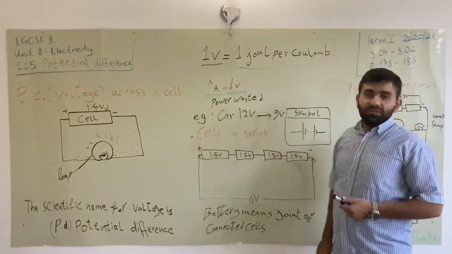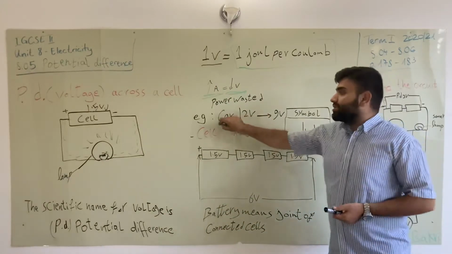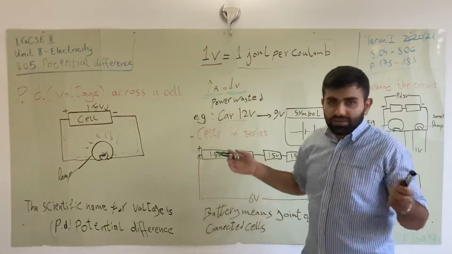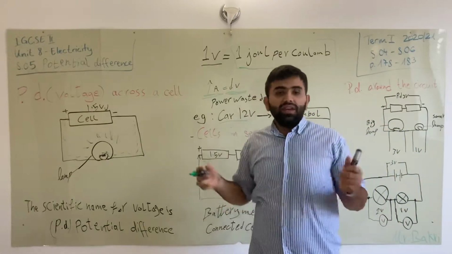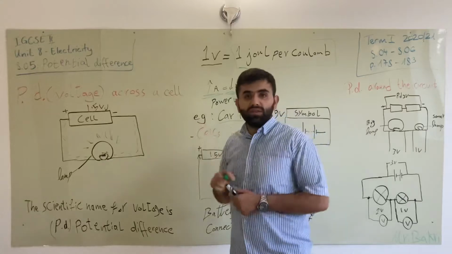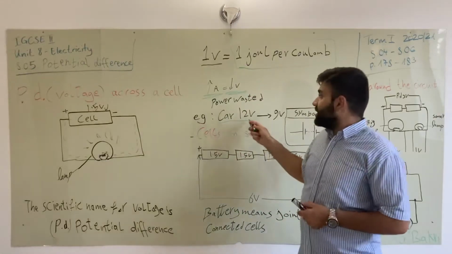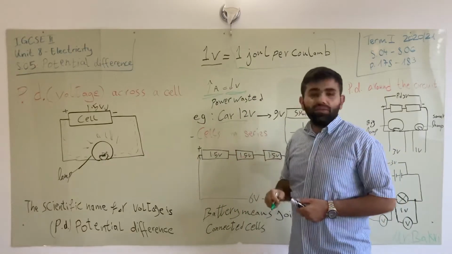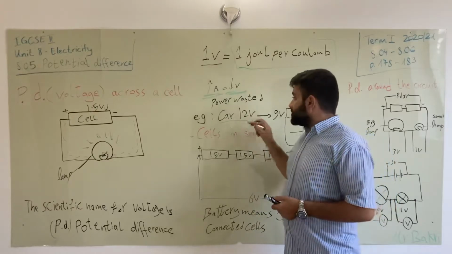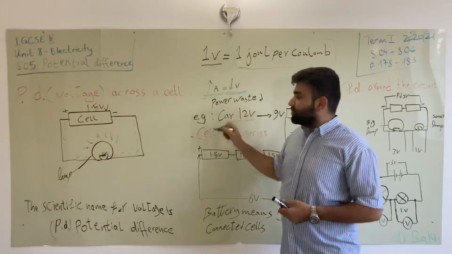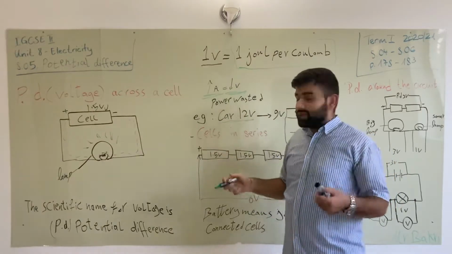For example, a car battery is about 60 ampere for normal cars and 12 volt. Let's focus on the volt. So the car usually is 12 volt, when the car is not moving.